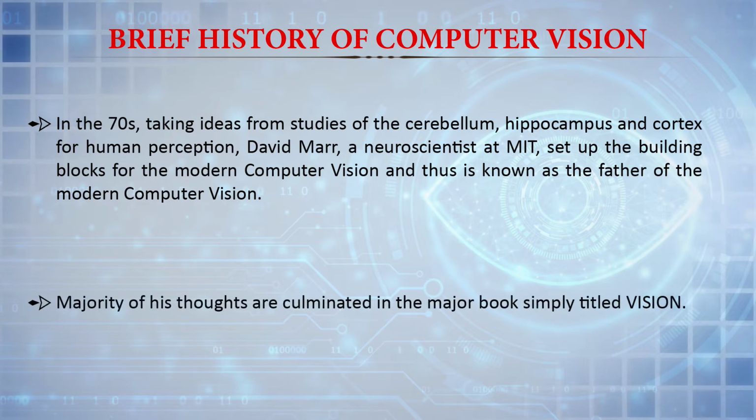The majority of these thoughts culminated in the major book simply titled Vision. If you go through that book, you can find out the way he had thought about the project in the 1970s.